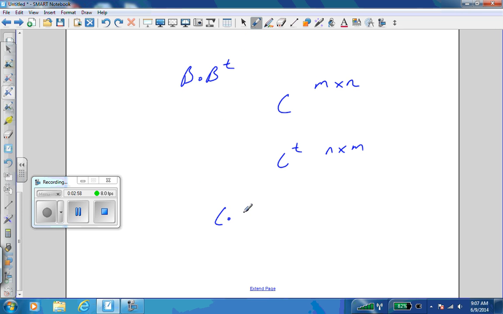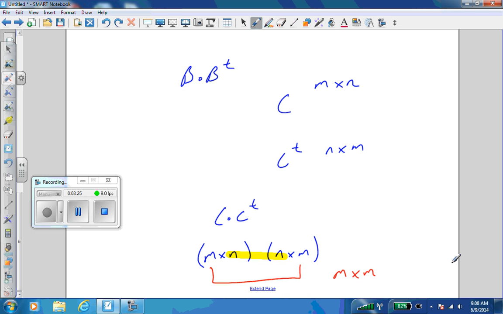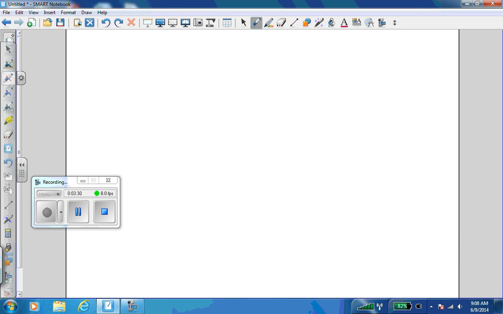So if we were to try to multiply those together, we would have an M by N times an N by M. Those have to match to multiply 2 matrices together, and our output would be an M by M matrix. So you can always multiply a matrix times its transpose. Any matrix has a transpose.